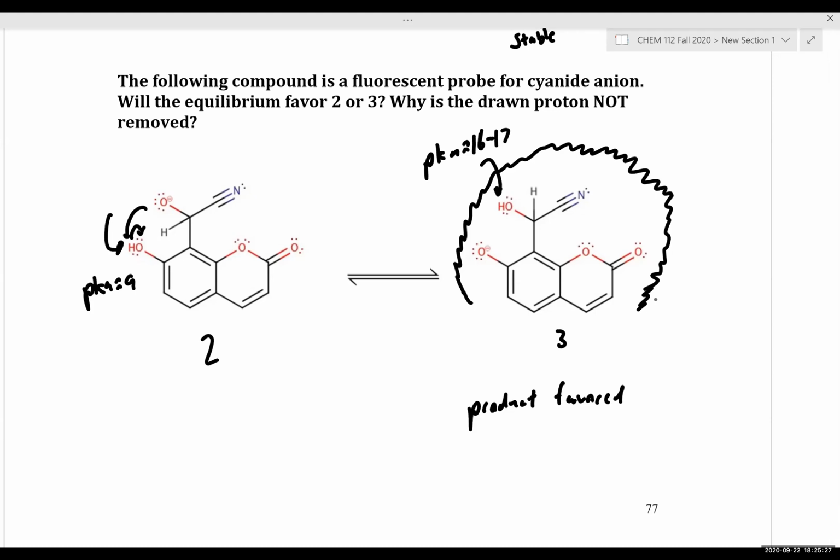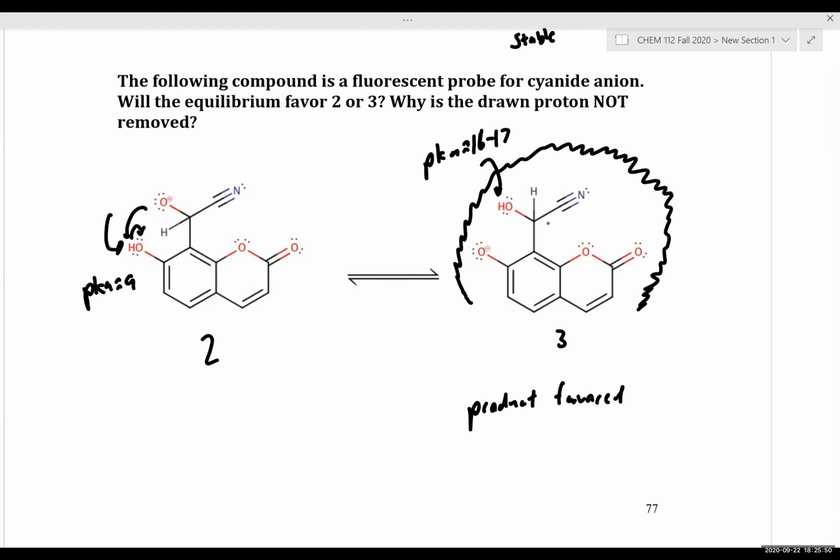So we can use this probe as a way to detect cyanide in solution. A practical and clever application of a designed molecule that can undergo a specific product-favored acid-base reaction.